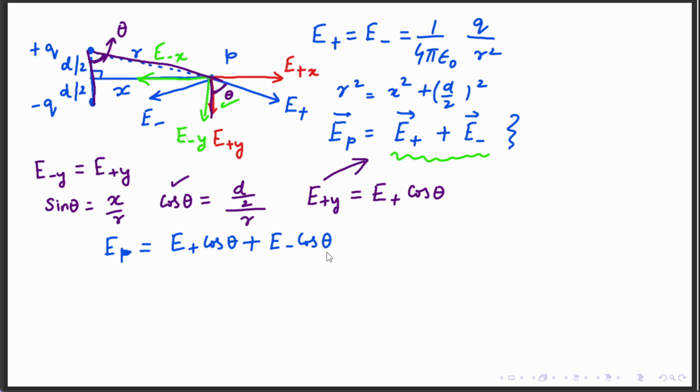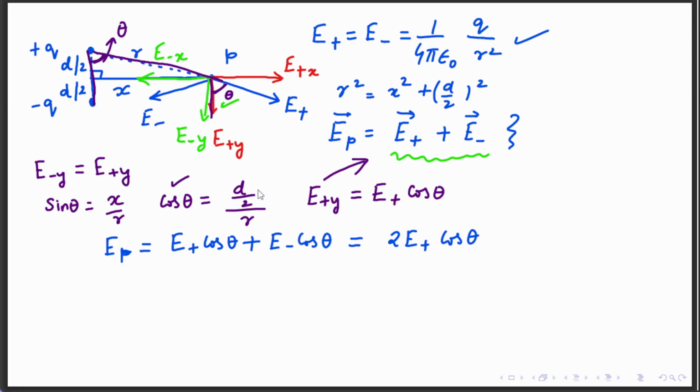Since E plus and E minus have the same magnitude, we can write this equation as 2E plus cos theta.